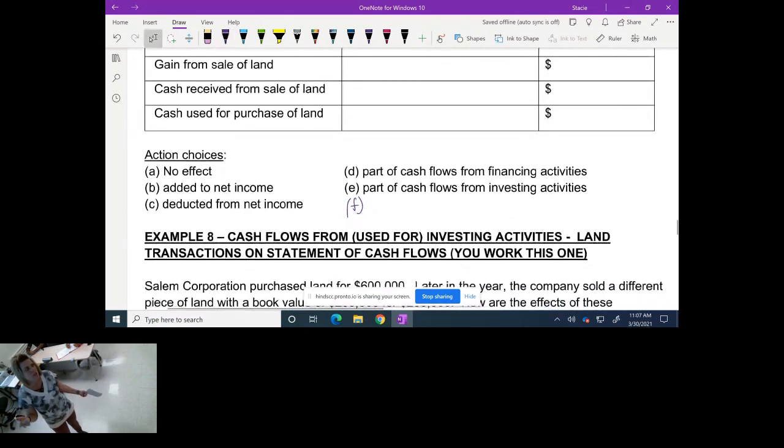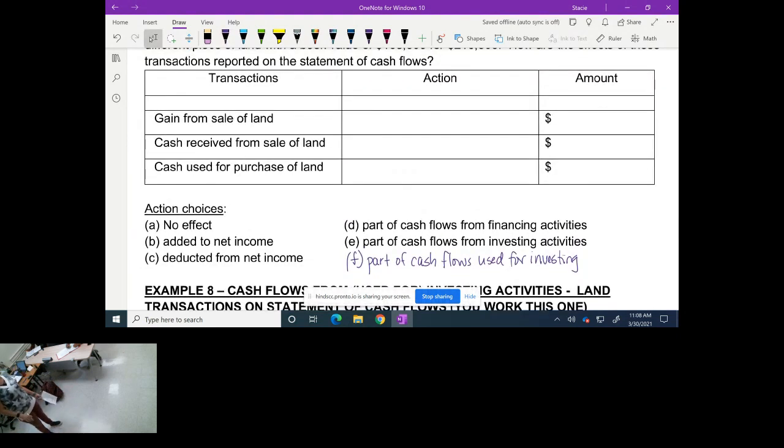When you get to the place where you need the one that's used for, either use these letters or it's going to show you the narrative. So, part of cash flows used for investing, I'm going to put F on there. You can use the letter, or you can write it out, whatever you want to do.